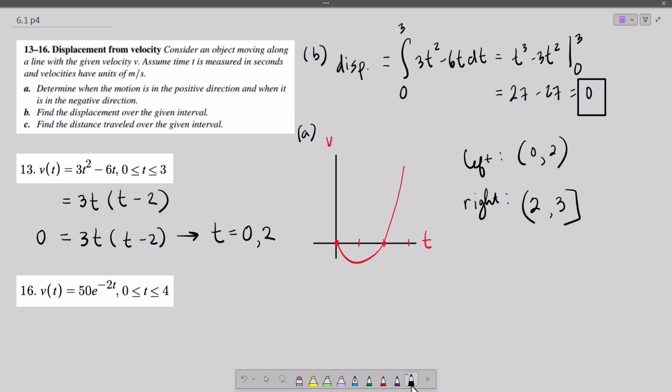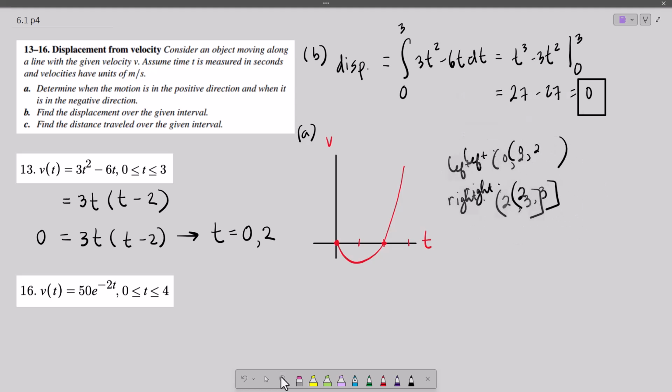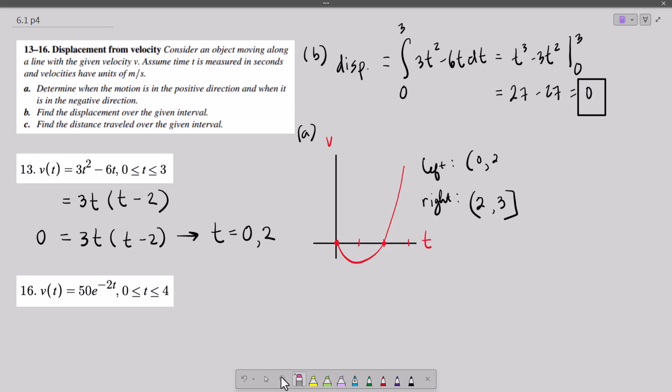And then, last part, distance traveled. We have this area down below, and then we have this area up above. And so we have to add those two areas together.